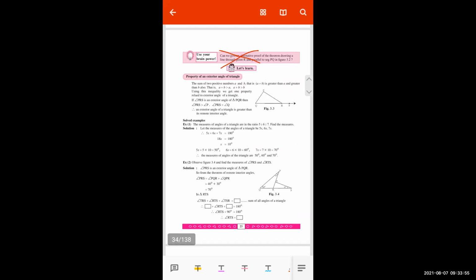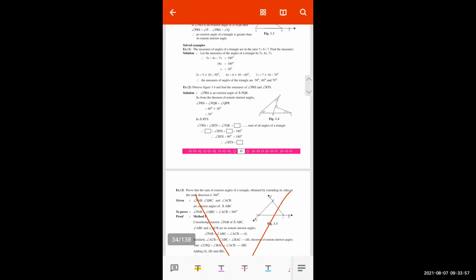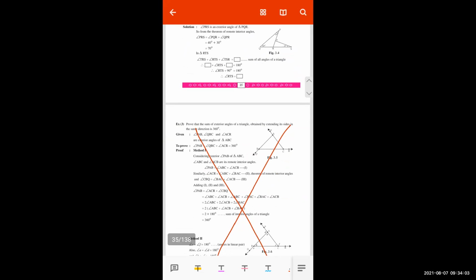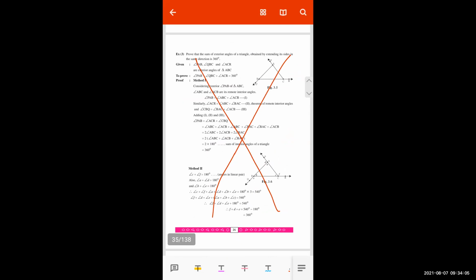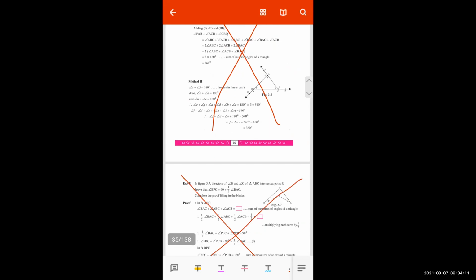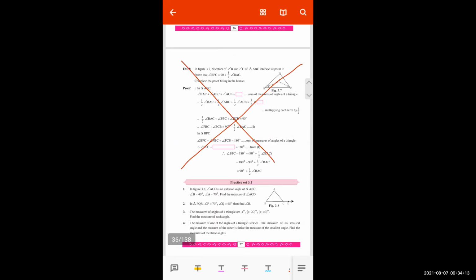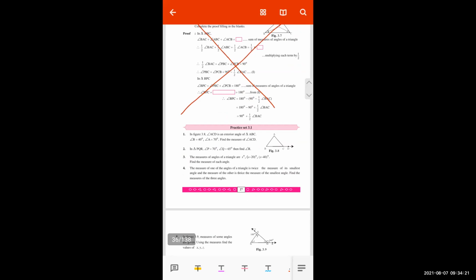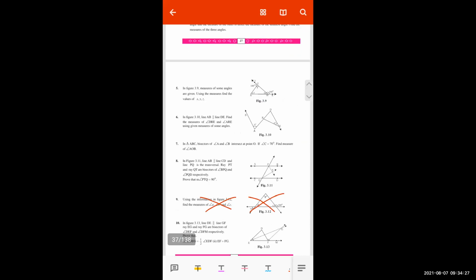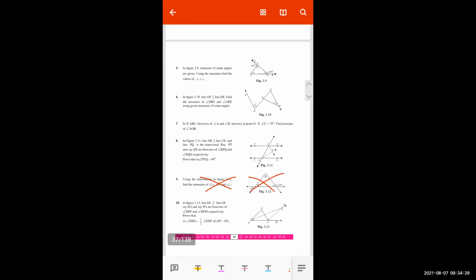The rest of the page you have to learn completely. Page number 26 is completely omitted. On page number 27, the solved example is cancelled, but you have to solve practice set 3.1. On page number 28, example number 9 is also reduced from the syllabus for this year.